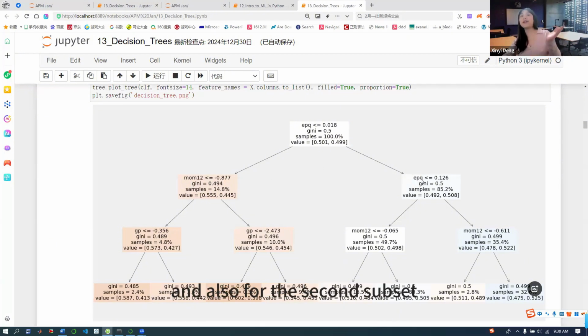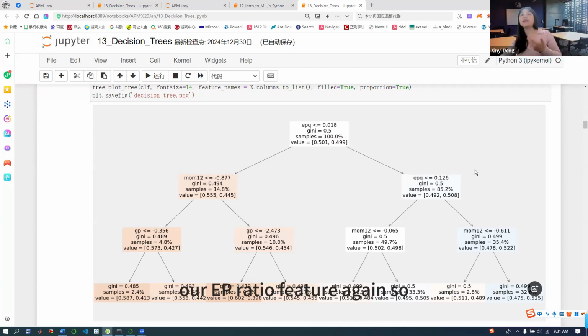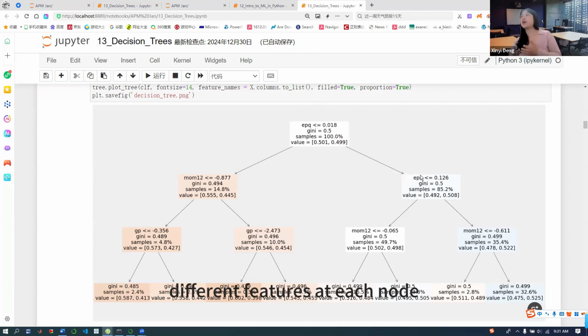And for the second subset, which is represented by this internal node here, we are doing the further division based on our EP ratio feature again. So the decision tree is dividing the total data set into different subsets based on different features at each node.